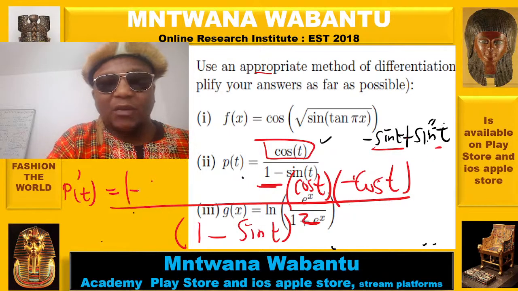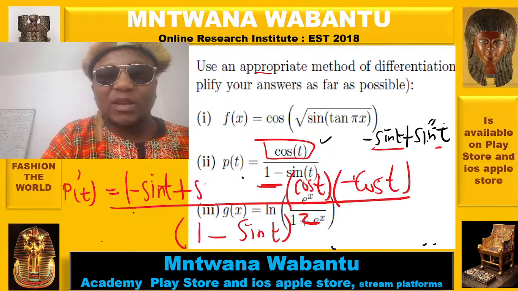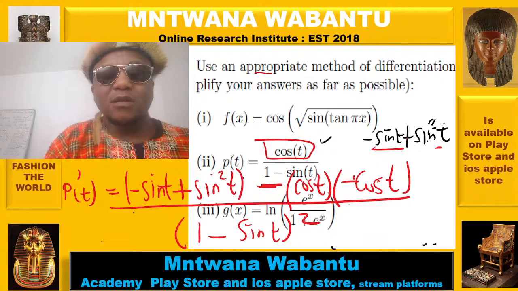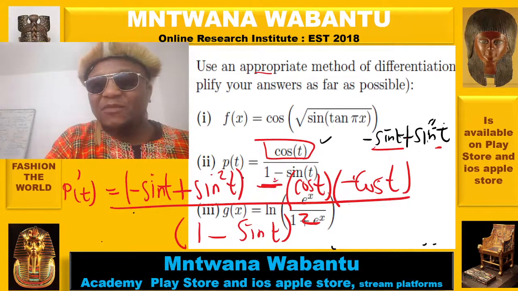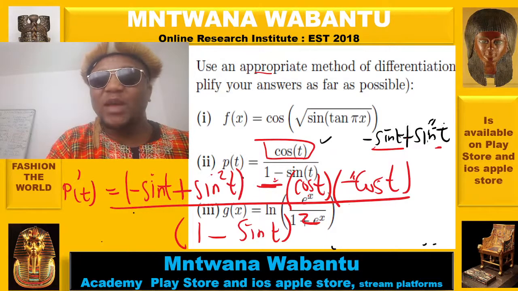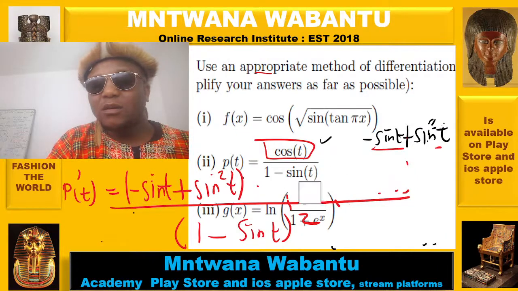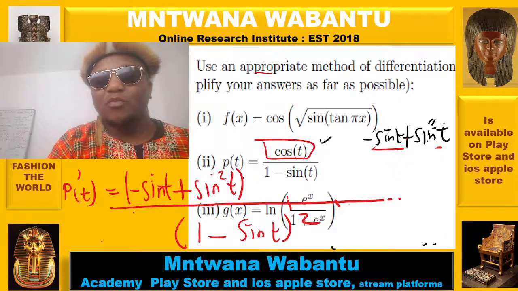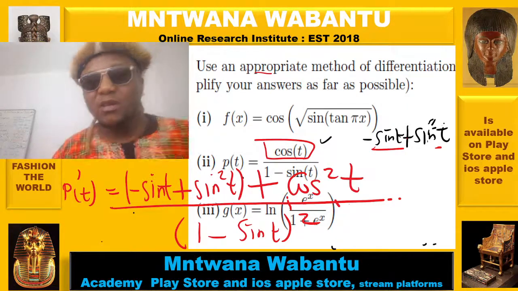Now this is going to be negative sine t plus sine square t. Then negative times negative, positive, cos times cos, so it's going to become plus cos square t.